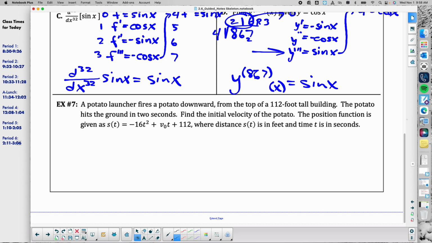Oh, anybody have any thoughts? So this gives us position. Okay, we can. So this is velocity. I suppose I could just write velocity.